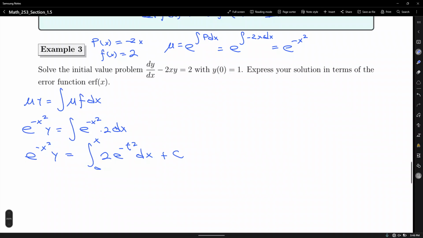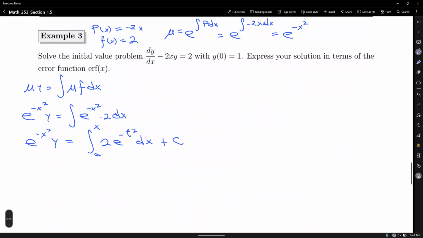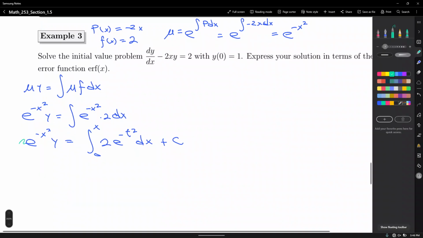Okay, so let me multiply both sides by e to the x squared. That is y, not e to the negative, it's positive, right?